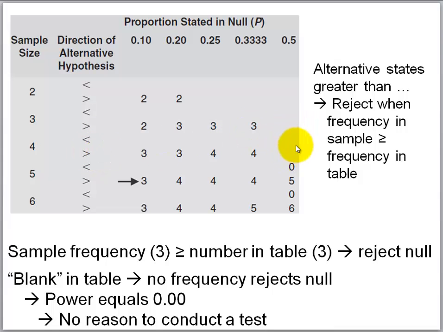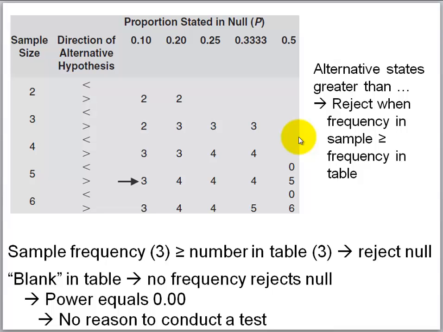Well, whatever the result you might obtain, and I'll stick now with the behavior problems example, you might potentially get 0, 1, 2, 3, or 4 children with behavior problems. None of these results, that is, none of any of the possible results that you might obtain, because obviously you've got to get 0, 1, 2, 3, or 4 kids with problems if you're testing 4 kids, no results are going to be statistically significant. No results are going to reject the null.